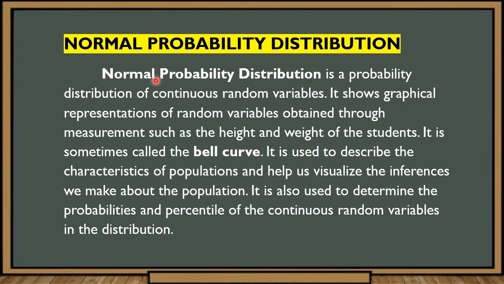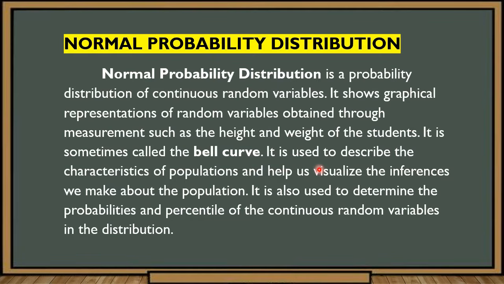And this normal probability distribution is intended for continuous random variables. It shows graphical representations of random variables obtained through measurement, such as the height and weight of the students. Examples of continuous natin is yung height at yung weight. It is sometimes called the bell curve. Why bell curve? Mapag-aaralan natin yan sa mga susunod na slide.